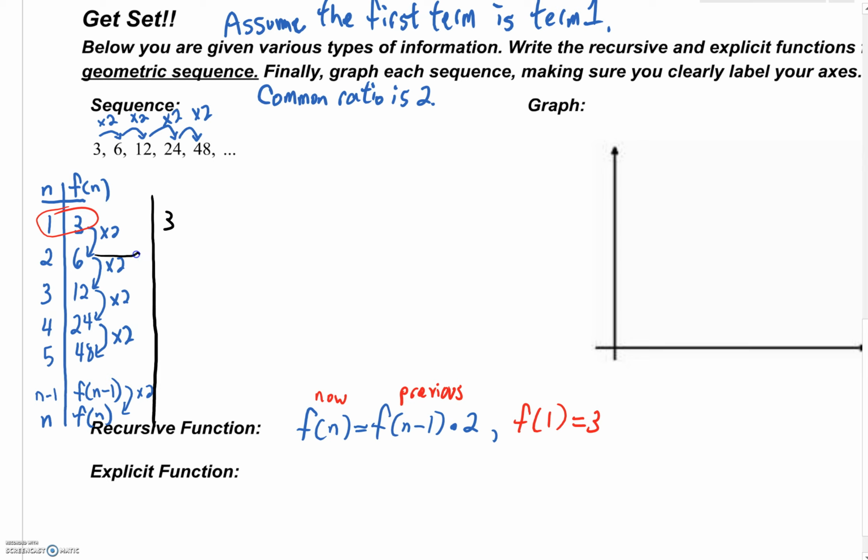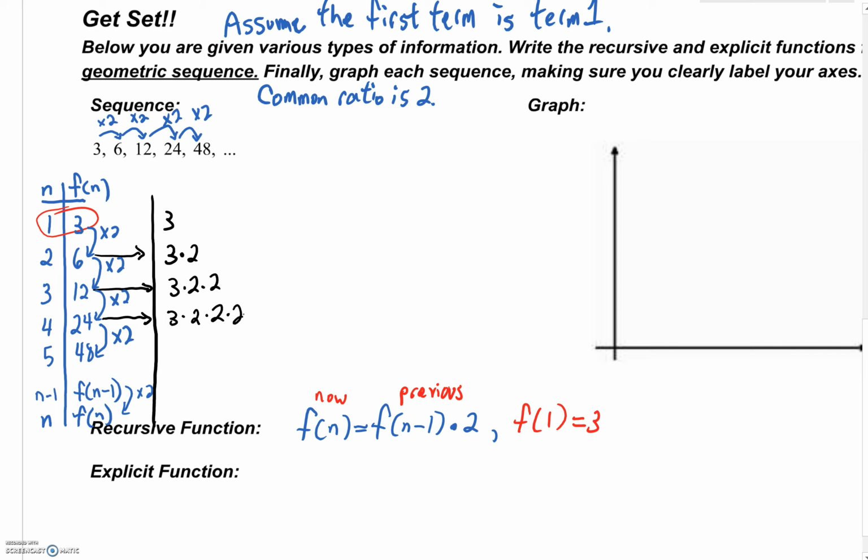When we're writing this 6, however, rather than writing it as a 6, we can write that as 3 times 2. When we are writing this 12 here, we're just going to put in one more multiplication of 2. Right here at that fourth term of 24, we'd have 3 times 2 times 2 times 2.